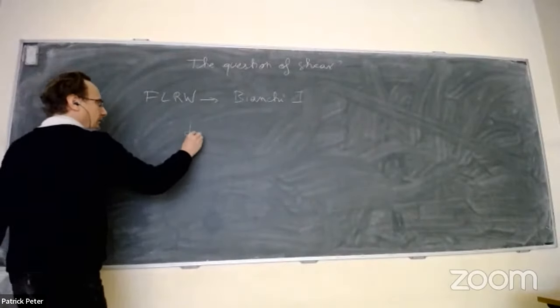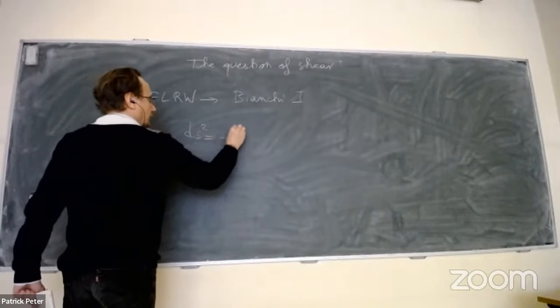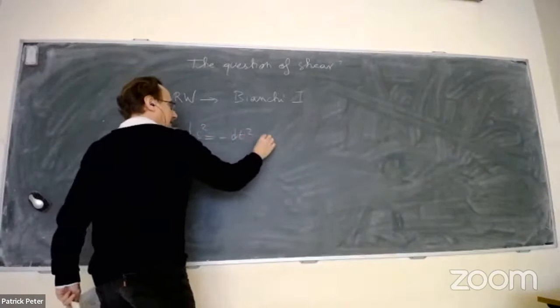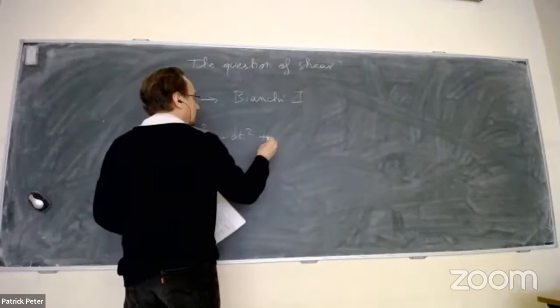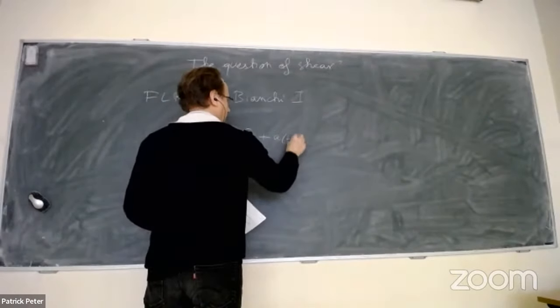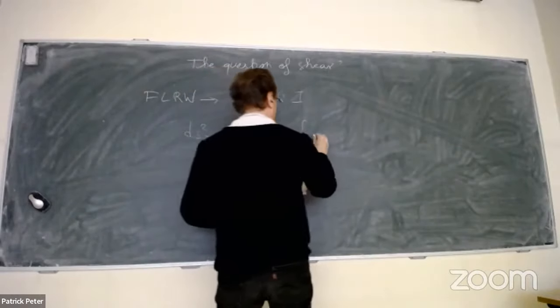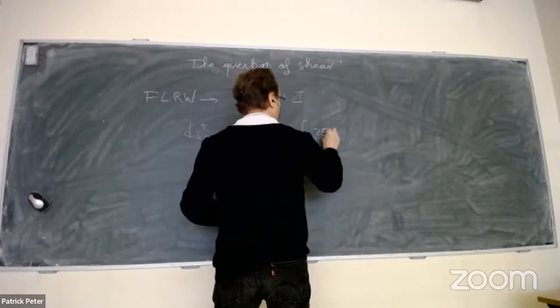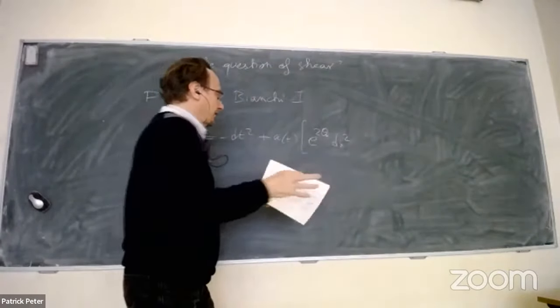And Bianchi 1 is simpler in the sense that you're writing ds squared equals minus dt squared, plus now a of t squared times e to the theta x dx squared, plus e to the theta y dy squared, plus e to the theta z dz squared, right? You have three privileged directions.